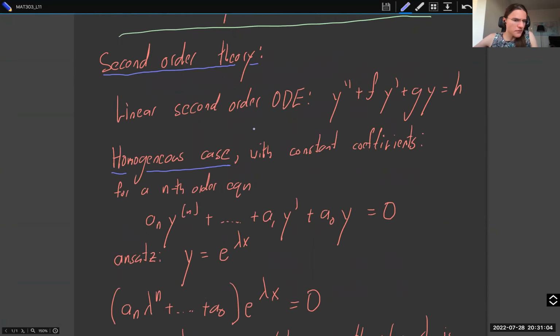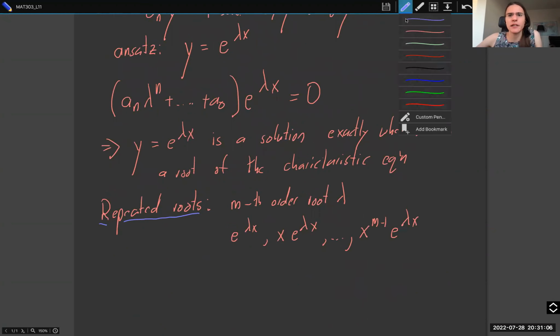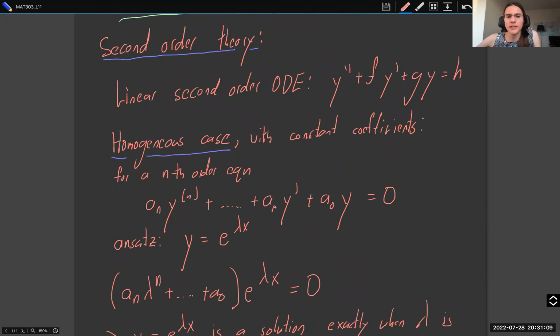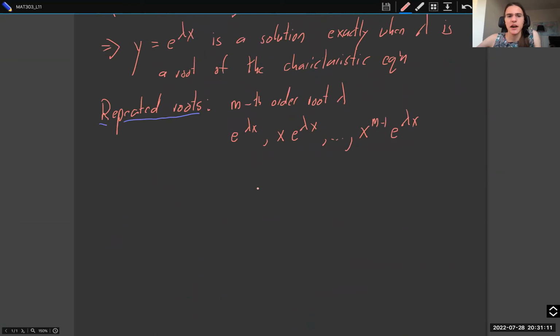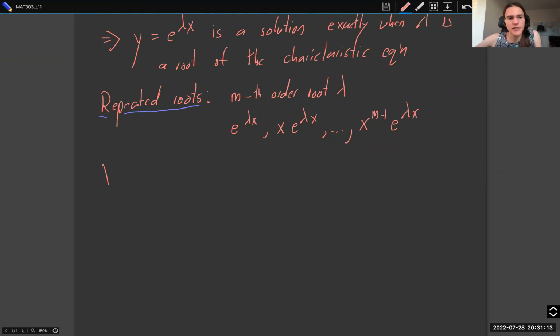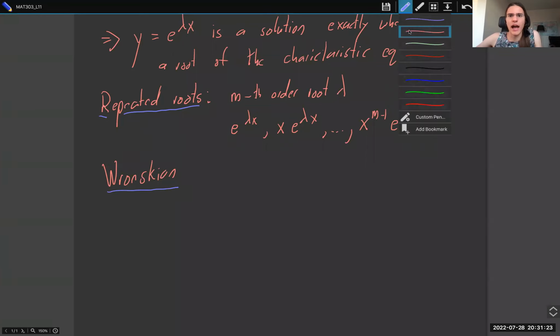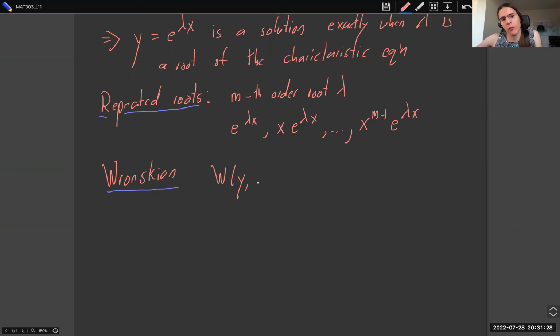Now, the constant coefficient case is great. But now we talked about the Wronskian. If you have two functions, the Wronskian of y1, y2 is the determinant of the matrix with rows y1, y2 and y1 prime, y2 prime.